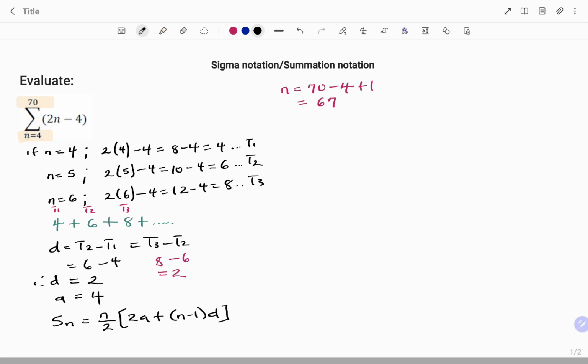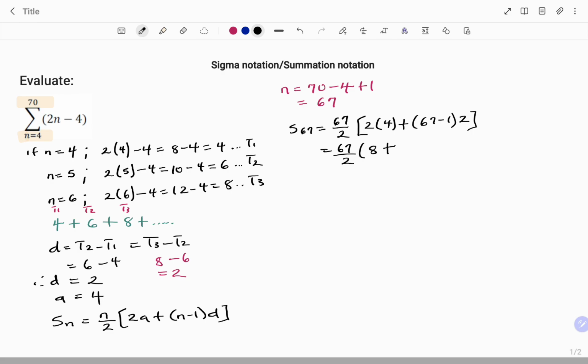Therefore, putting that back into our formula, we have S67 equals, our n is 67 divided by 2, in bracket, 2 times our first term, a, which is 4, plus n minus 1, that's 67 minus 1, multiplied by our common difference, 2, close bracket. That will be 67 over 2, in bracket. We have 2 times 4, 8, plus. A quick correction: this is a plus, not a minus.